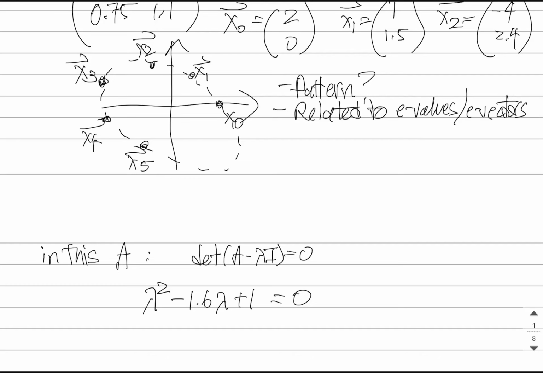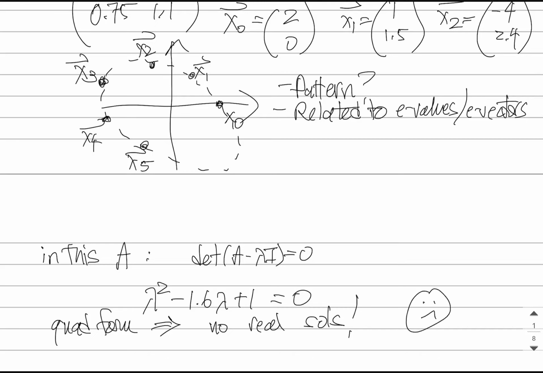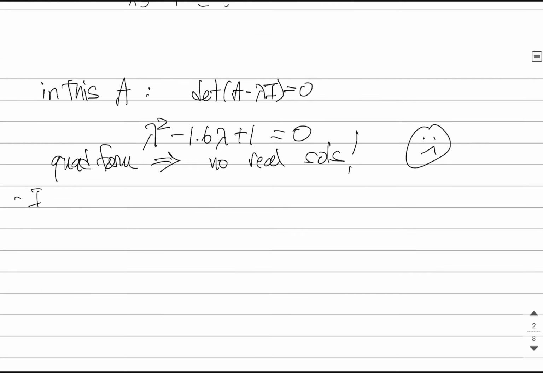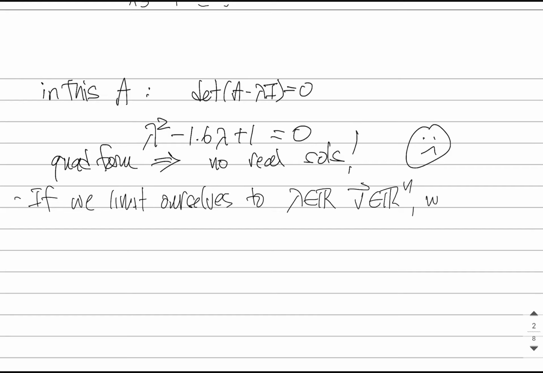So you could use the quadratic formula, and I would find that there would be no real solutions. And that would be the end of the road. I'd say, well, I don't have any eigenvalues, I don't have any eigenvectors, so now I'm done. I have to stop. So if we limit ourselves to lambda just being real and our eigenvectors just being real, we can't explain this behavior.